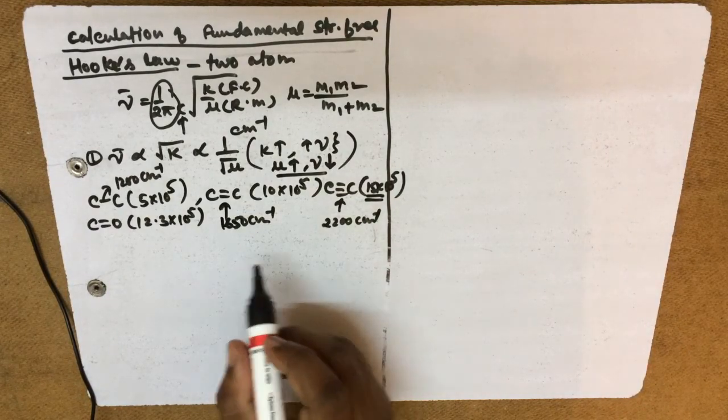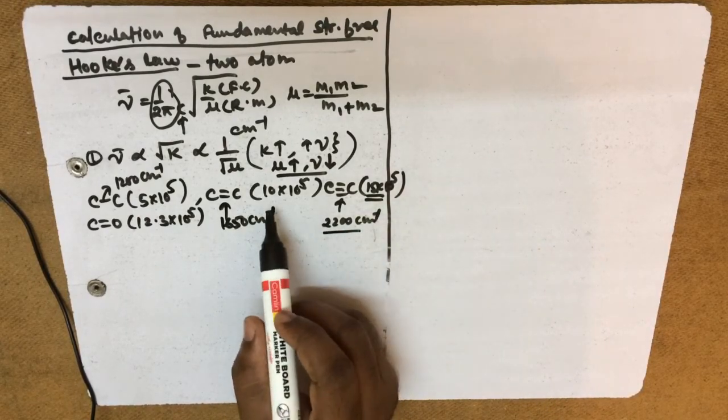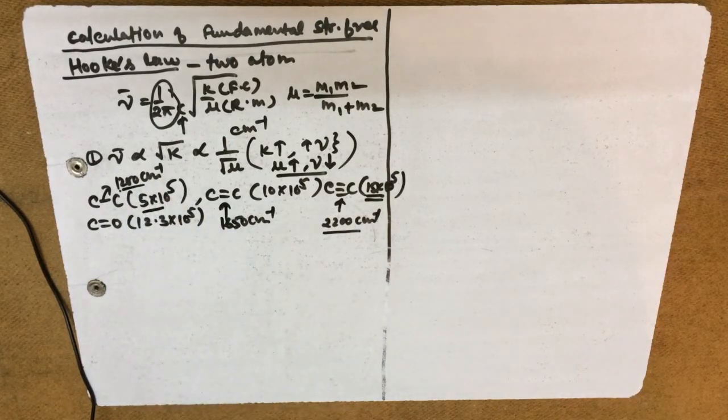You can see here, the higher the force constant, the higher the stretching frequency; the lower the force constant, the lower the stretching frequency. This Hooke's law is very important.